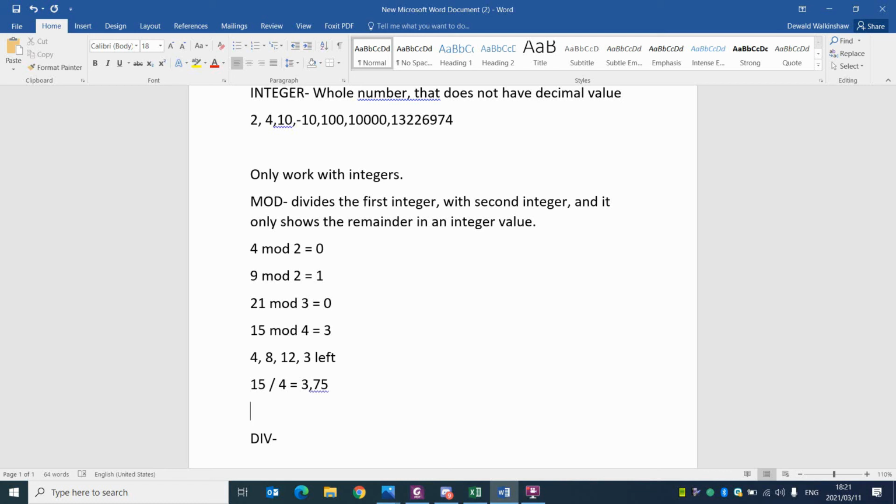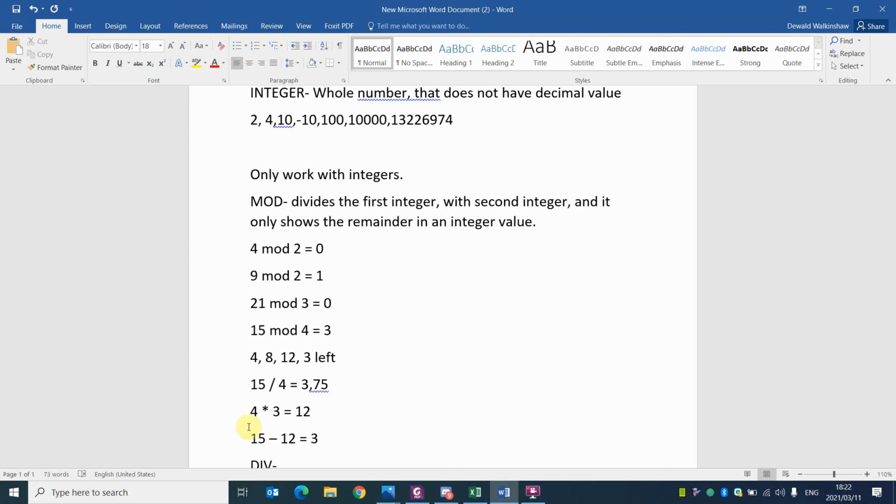Let's see how many complete groups of 4 were taken out. So you would say 4 times 3, and you would get the answer of 12. Then you go to your next step and say, let me take my original number, which was the 15, minus my 12, and that will give me the remainder of 3.